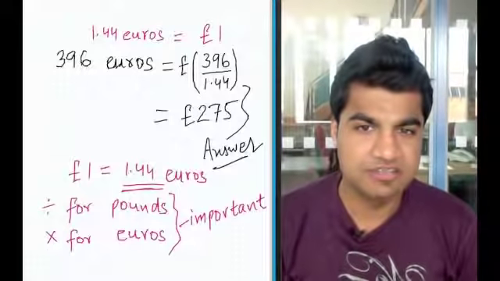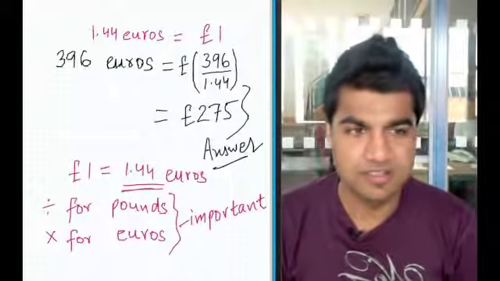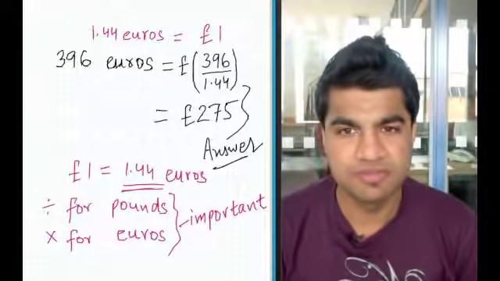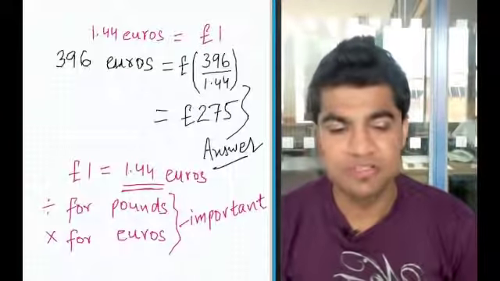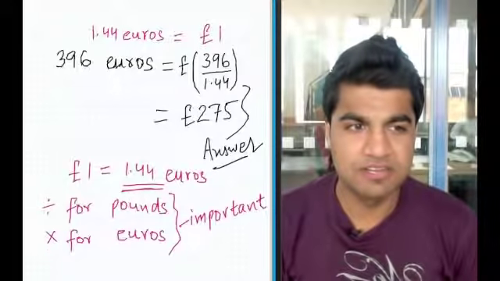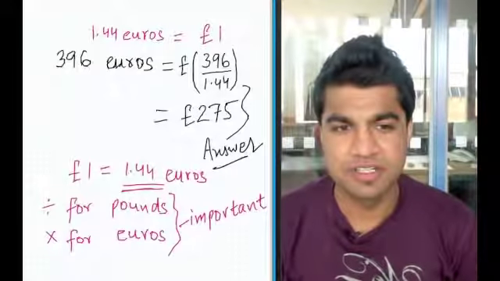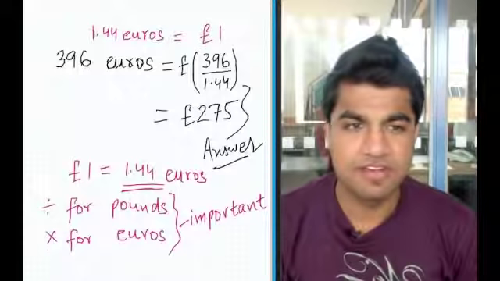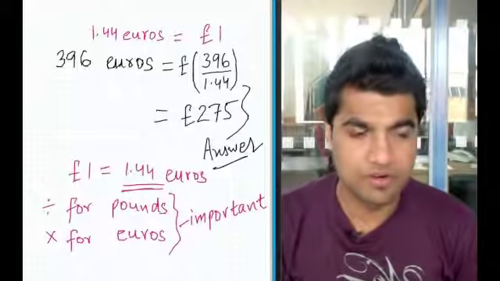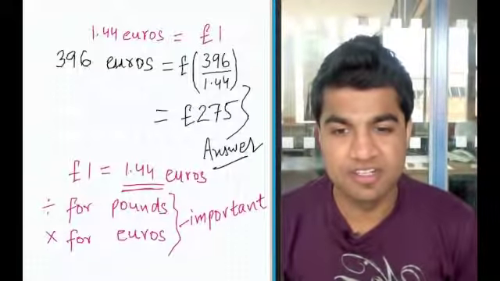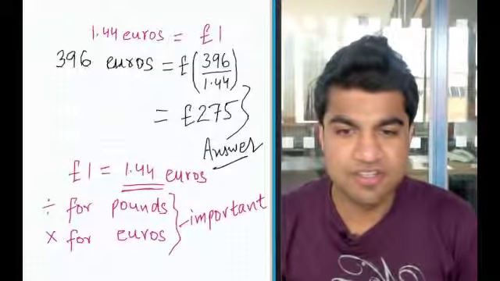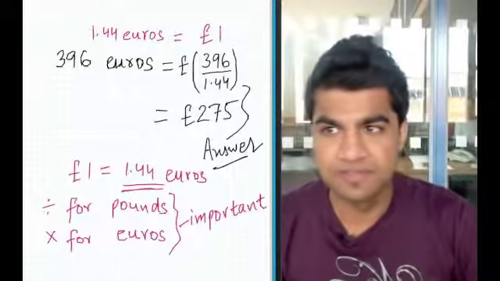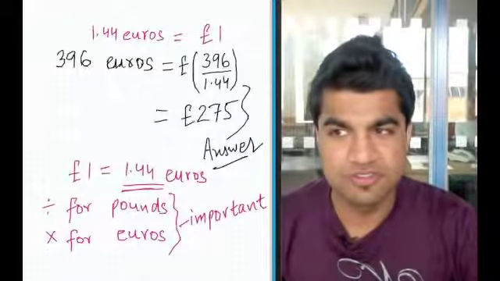Same with money exchange rates, you can easily work out how much you're going to spend on your holiday, because you need to work out how much money you should take with you and how much money you are allowed to spend every day if you are abroad celebrating your holidays. So it's very important in the real world, so you should understand how to solve these problems.